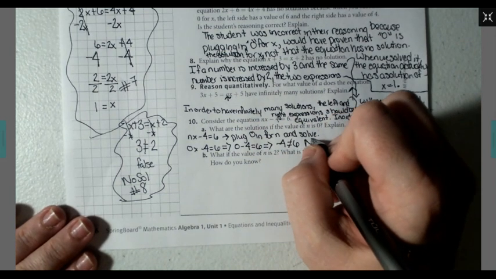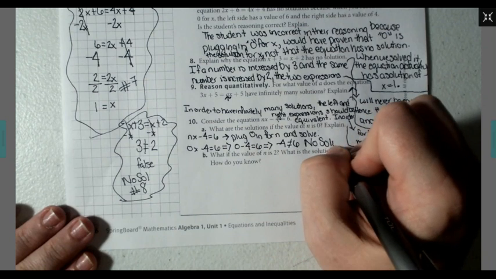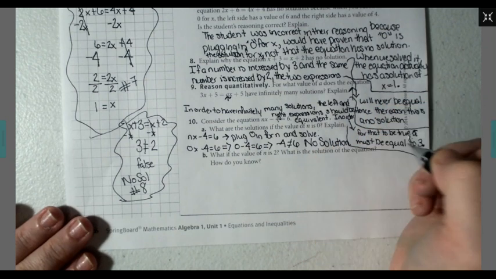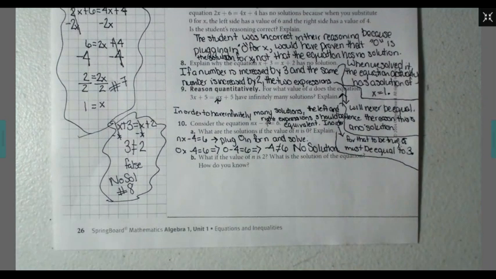So this will actually give us no solution. If n is 0, we've come down to a false statement, which indicates that there are no real solutions if n is 0.